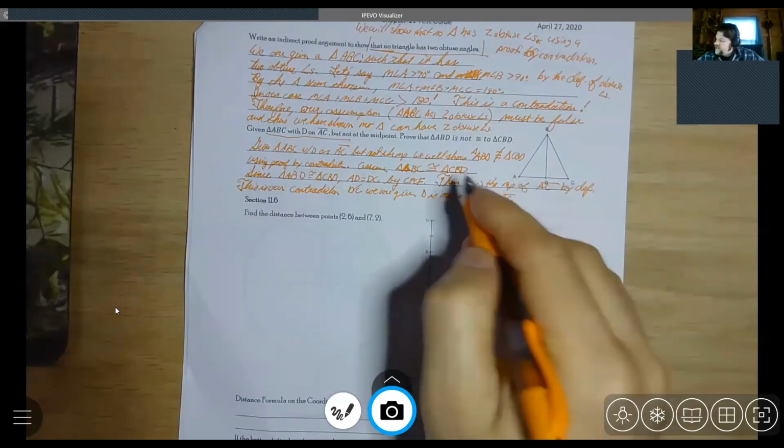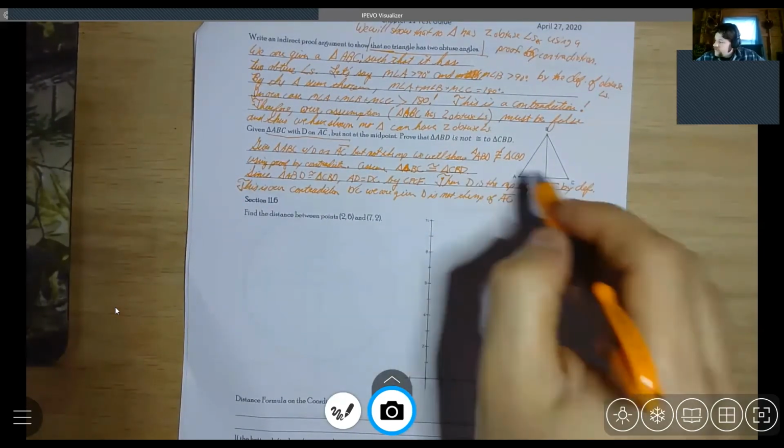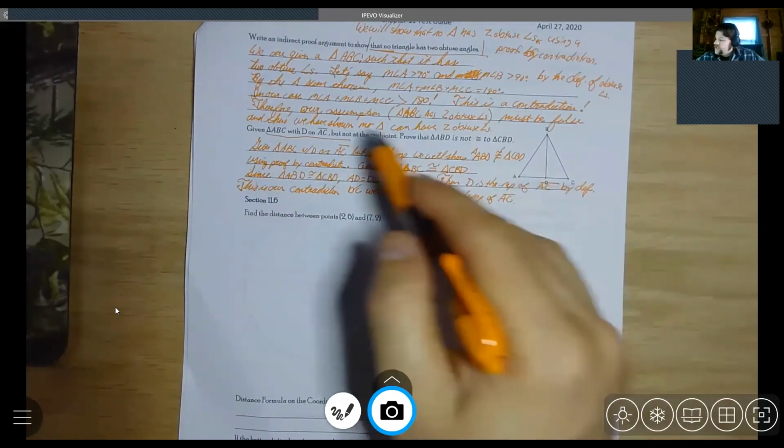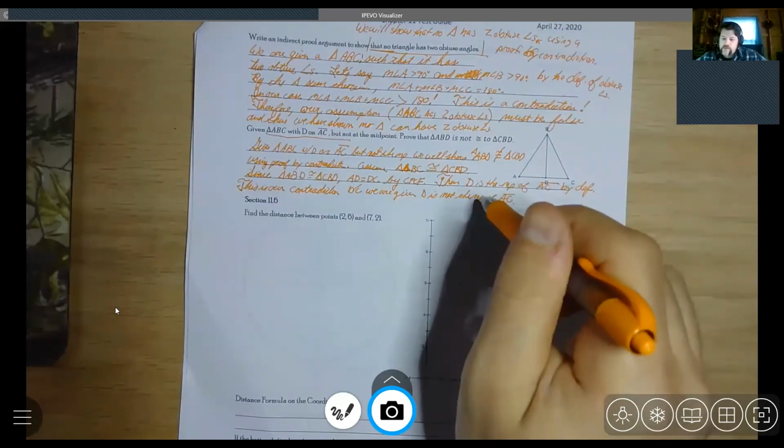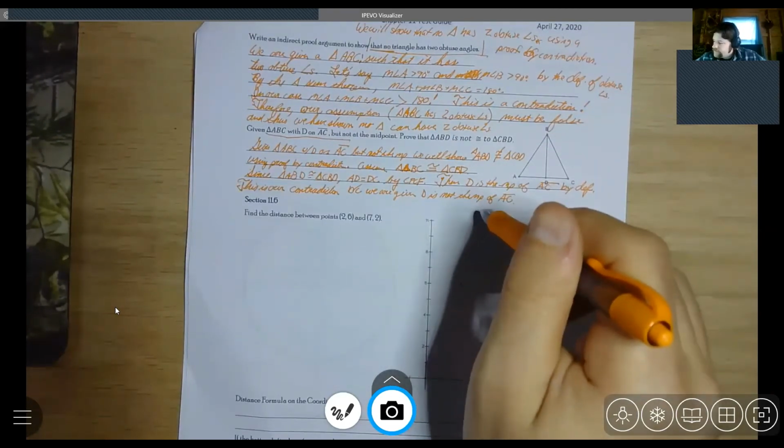So we showed that if the triangles were congruent, then D would be the midpoint, but we're given it's not the midpoint. So that's a contradiction, right? Because D can't both be the midpoint and not the midpoint at the same time.